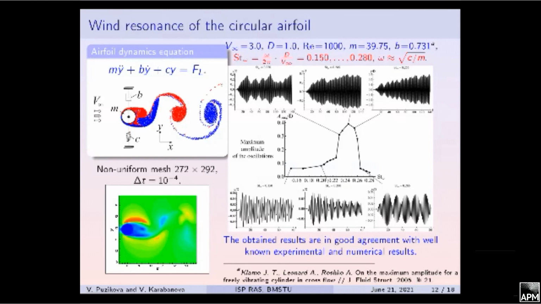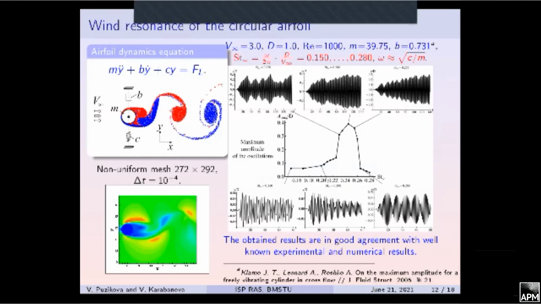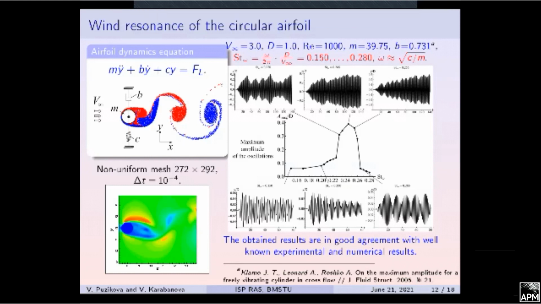The airfoil's constraint is assumed to be linear viscoelastic, and the airfoil's motion is described by the following equation. The natural frequency of the system can be set by varying the elasticity coefficient. Computations were performed on a non-uniform grid with the following parameters.